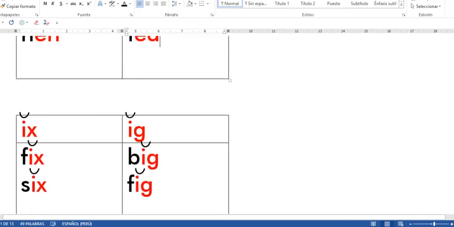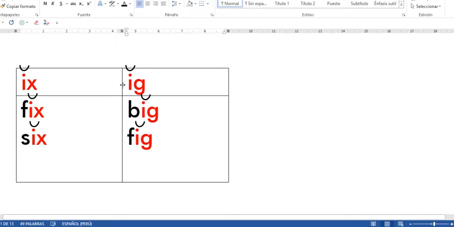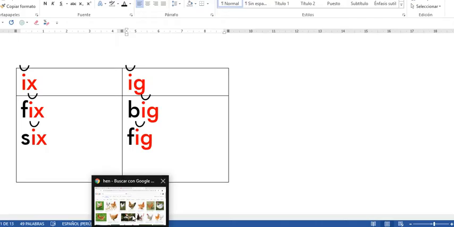Okay, and next with E. For example, we have got this combination. It's X, and here we have the sound fix, fix.